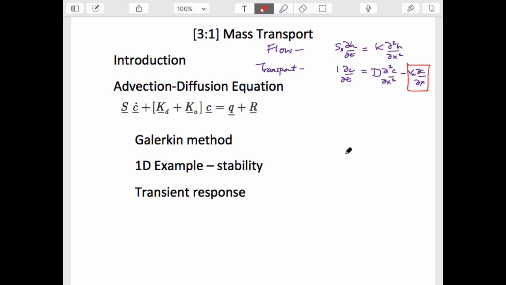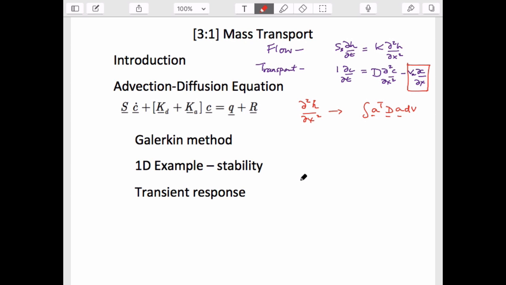What you'll note is that anytime we have a term that looks like d2h dx squared, it always looks like this.